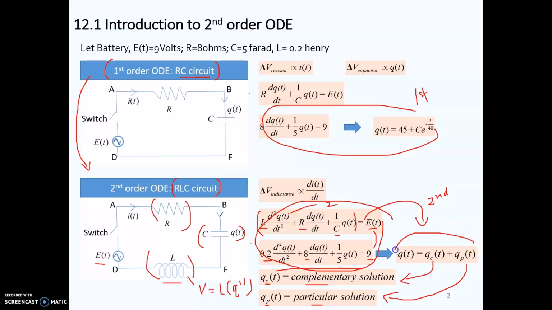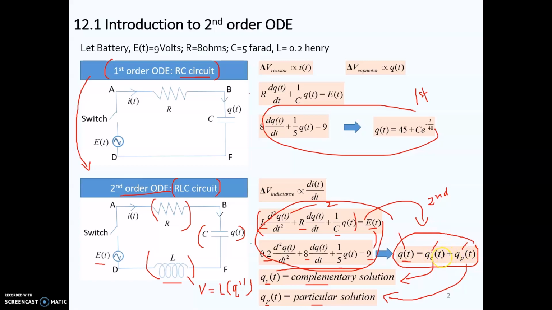So this is very important. Bear in mind, if you have a second order ODE like this case, and you want to find the charge Q(t), the total solution is equal to the complementary solution plus the particular solution.